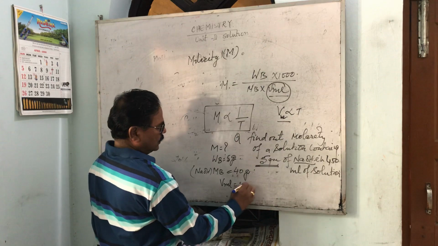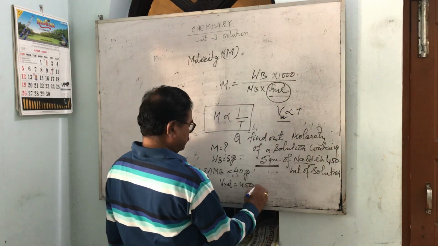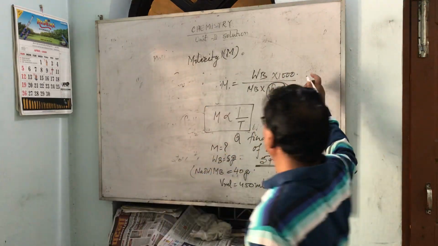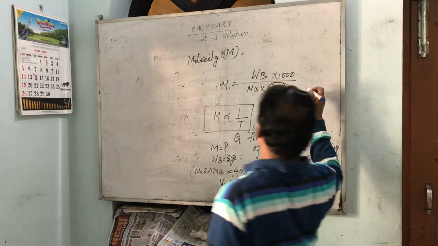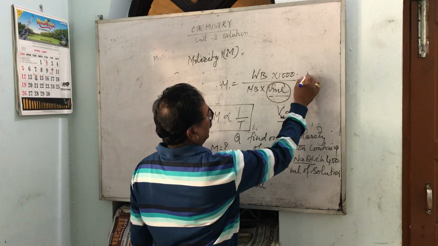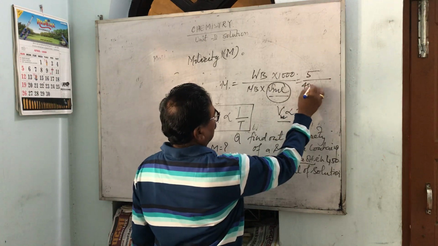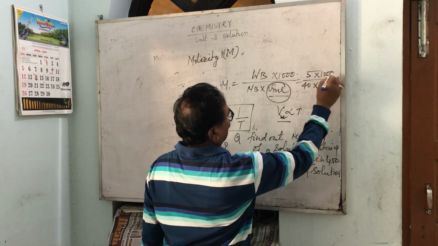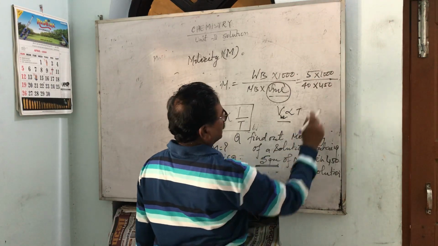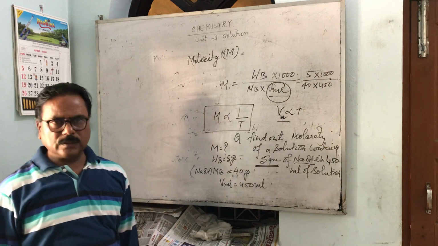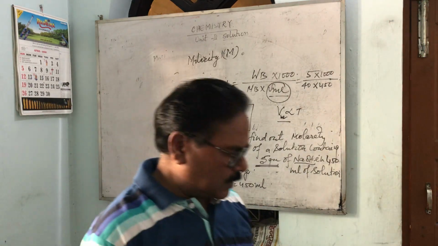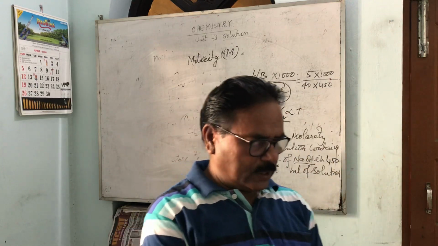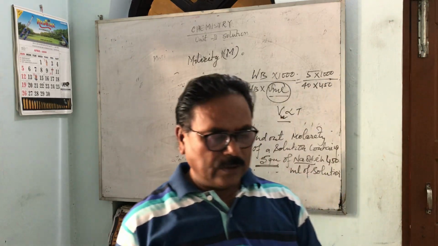That is 450 milliliter. So we put this into the formula: weight 5 by 40 into 450, and this is 1000. We write its unit, mole per liter or capital M. So this is all about the molarity of solutions, and there are many related problems we can find.